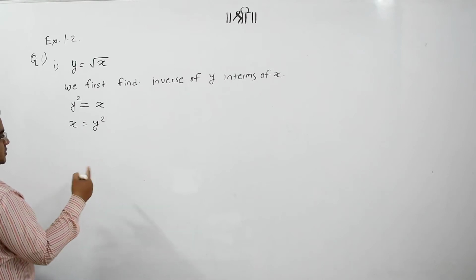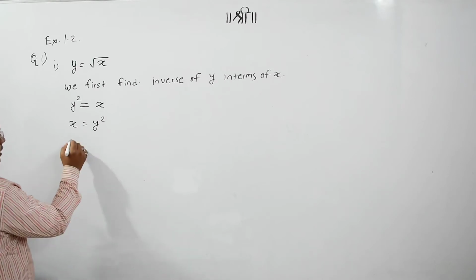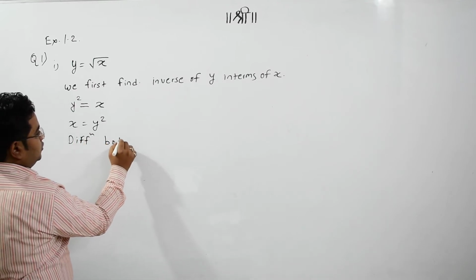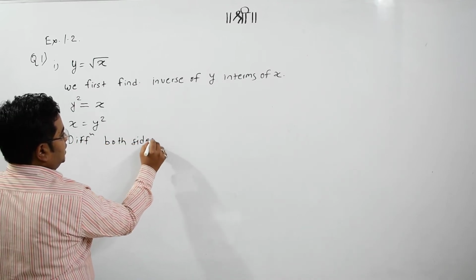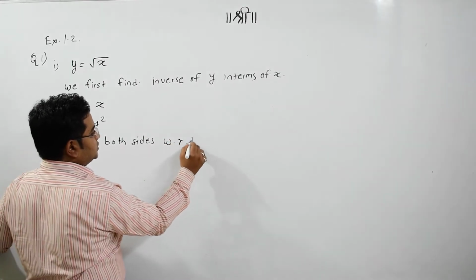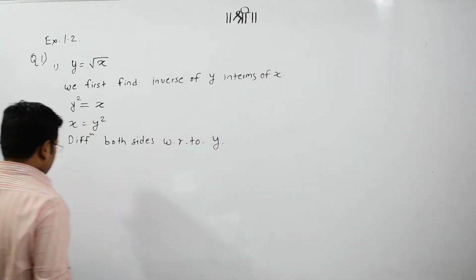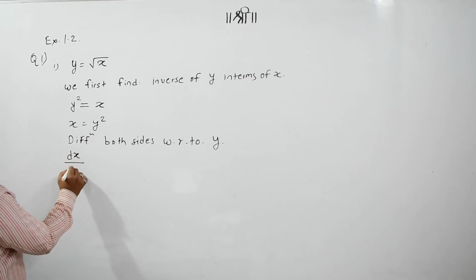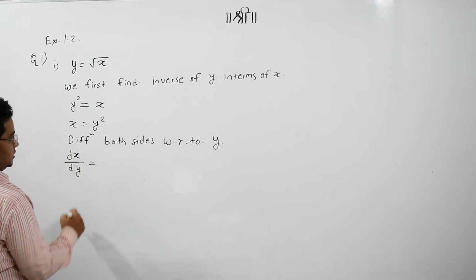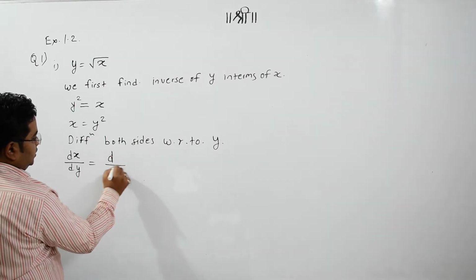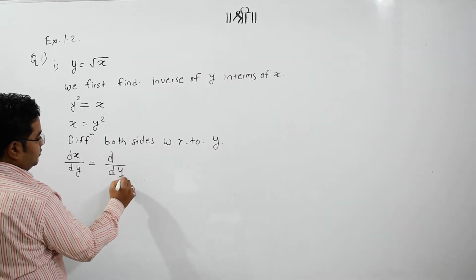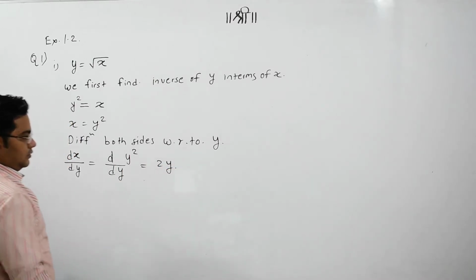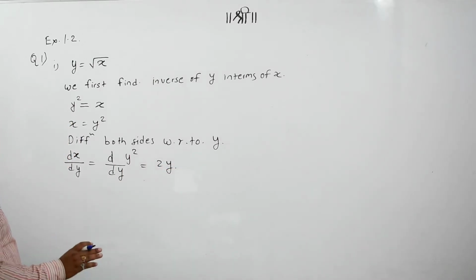Now differentiate both sides with respect to y. Is there any difficulty? No. So dx upon dy is equal to d upon dy of y square, which is equal to 2y. Hope we are clear up to this point.